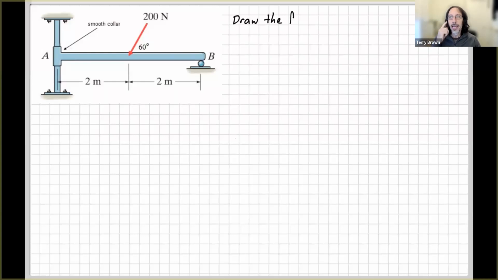All right. So as always, the first thing we do is to draw the free body diagram because we need that in order to make use of our equations of equilibrium, because that's where our unknowns are drawn. We put on the directions of our forces and moments, and we use that to apply the equations of equilibrium.